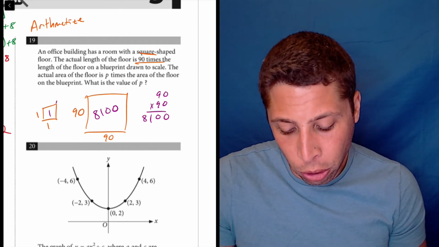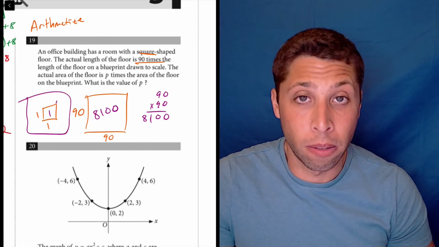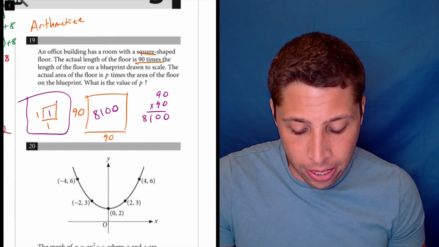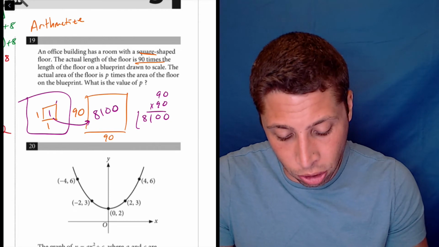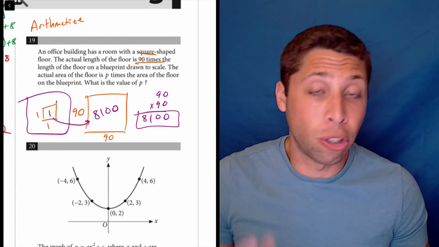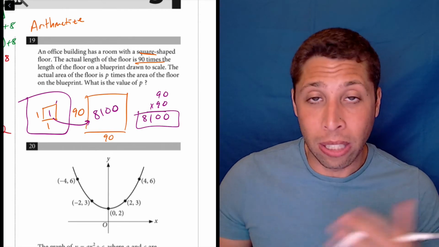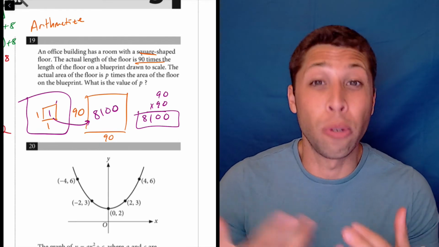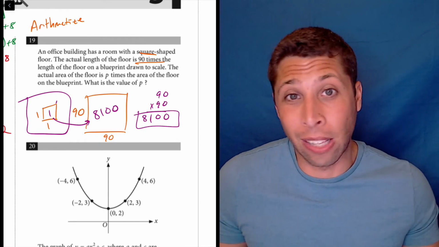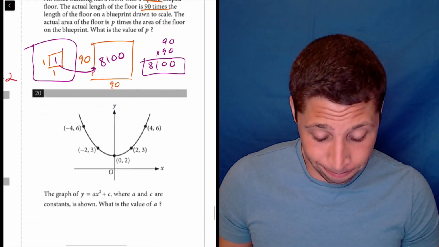Because we chose 1 in our original, it's very easy to see that the difference is 8100. So that's just the answer here. If we had chosen a different value for the length, we still would have gotten 8100. We would have had more steps to reduce, but that's why you choose 1, as it usually works.